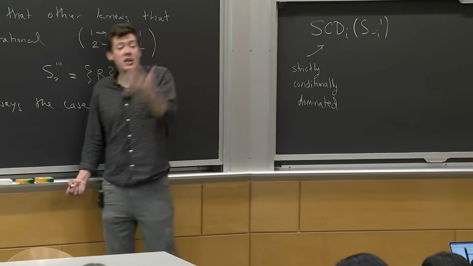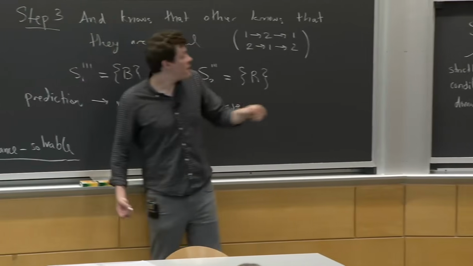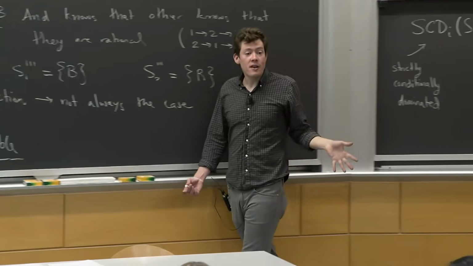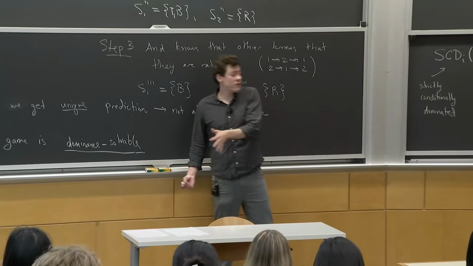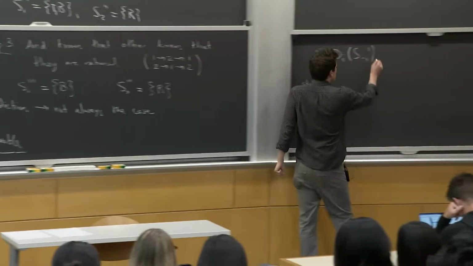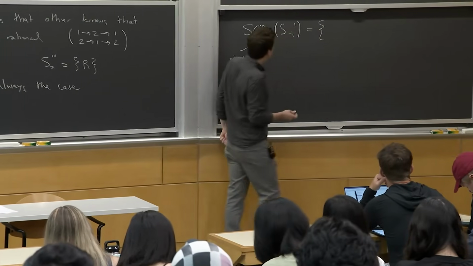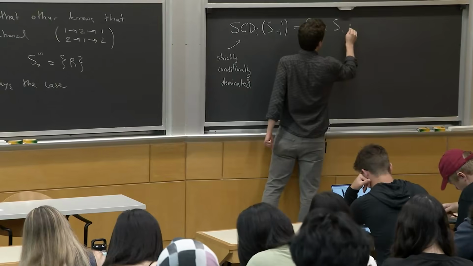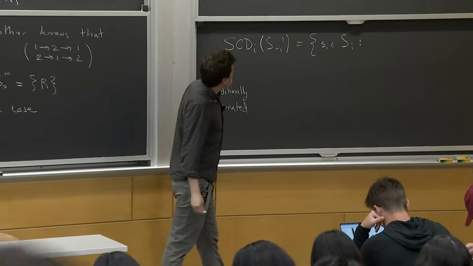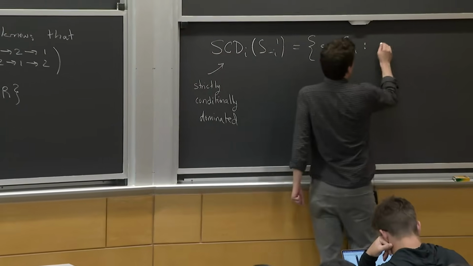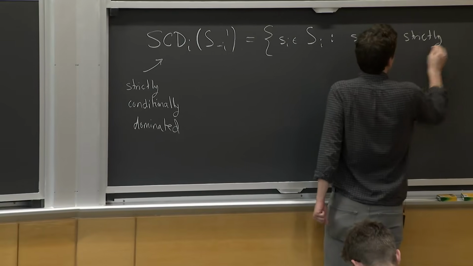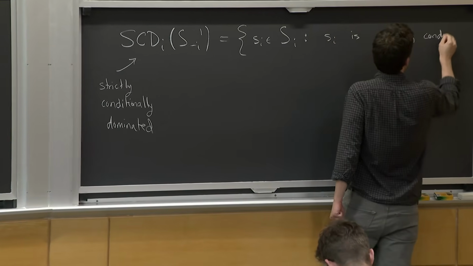It means conditional on my opponents playing a strategy in this set. Conditional dominance means one strategy always does strictly better than the other strategy. So let me write it in words, and then we'll be a bit more formal. So again, this is a collection of strategies, big S_i, such that s_i is strictly conditionally dominated.